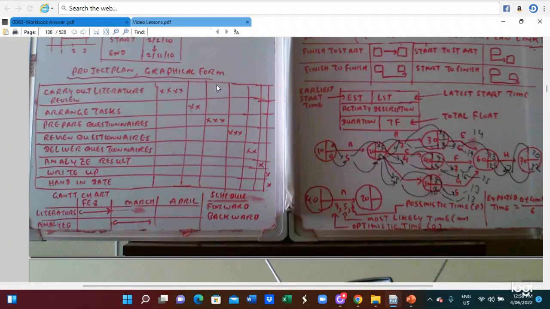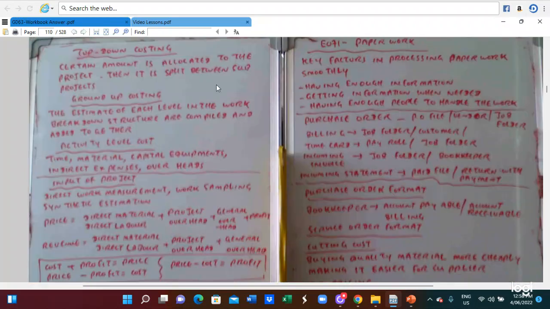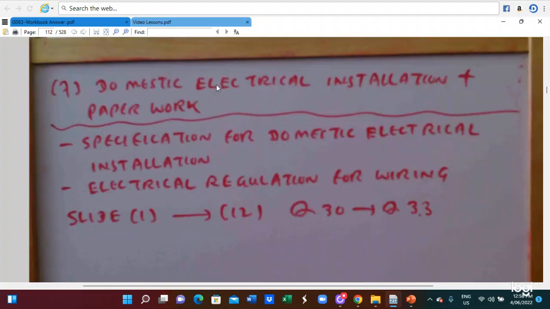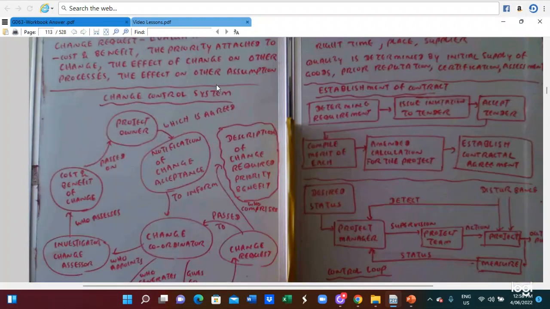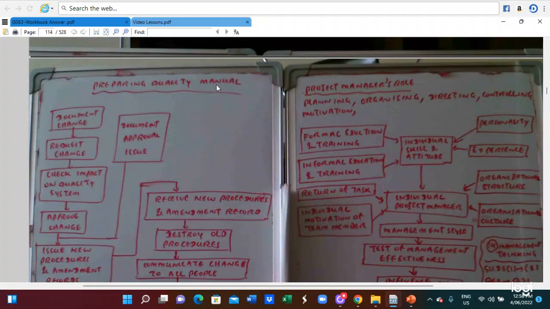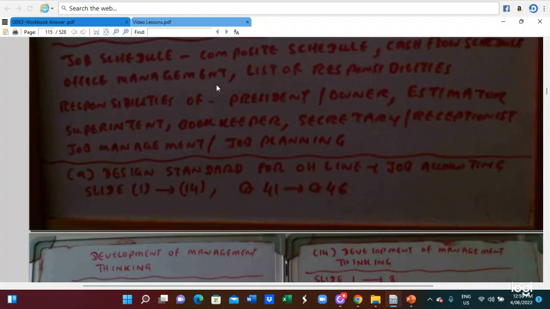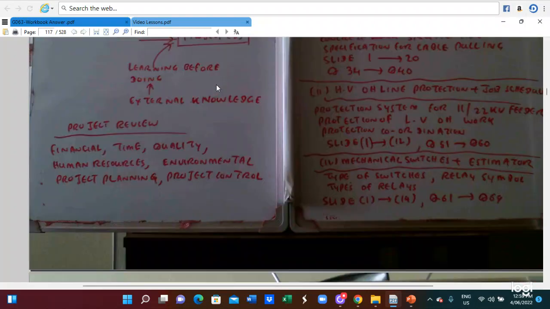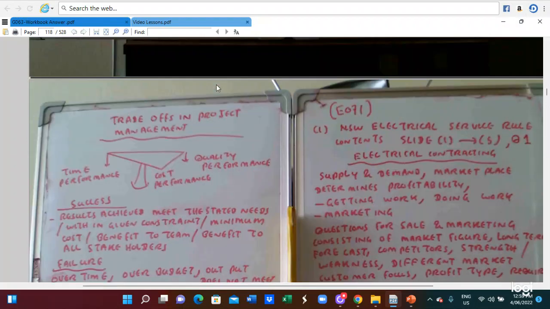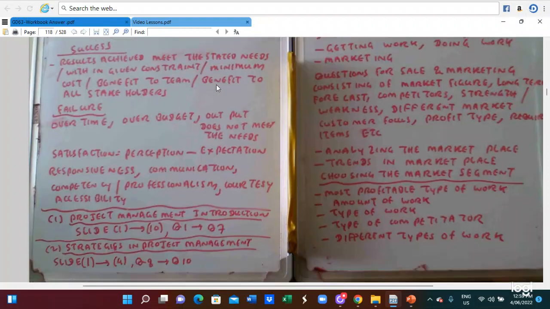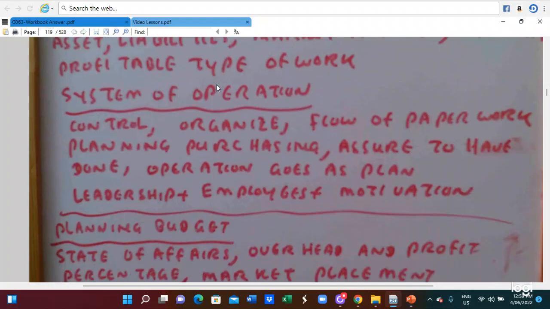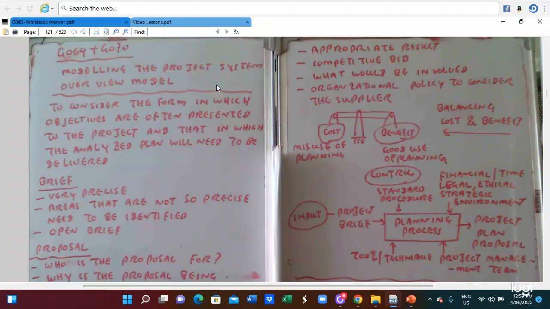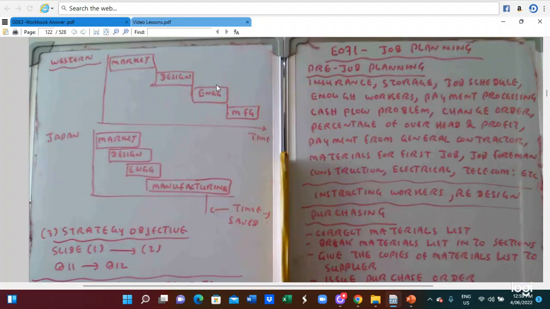And then you see the project life cycle, project cost preparation, also electrical installation, change control, preparation manual, also development management thinking, and also the trade-offs in project management, planning, consulting, goals, and also the modeling of the project system. You can see those in the lesson.